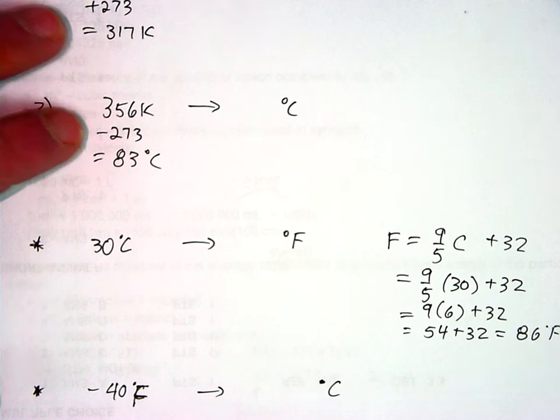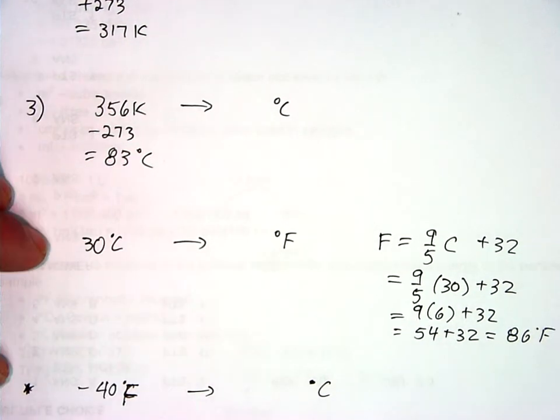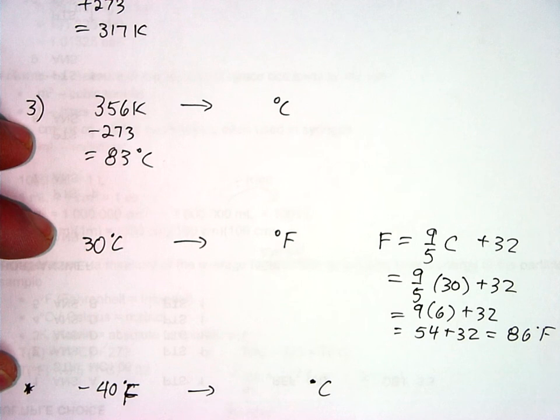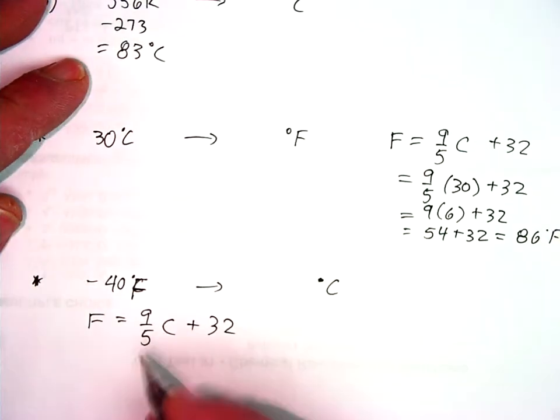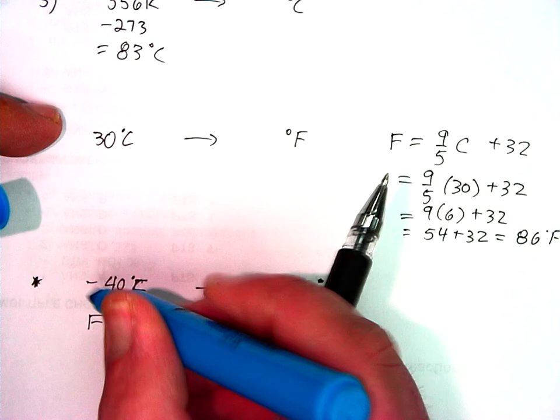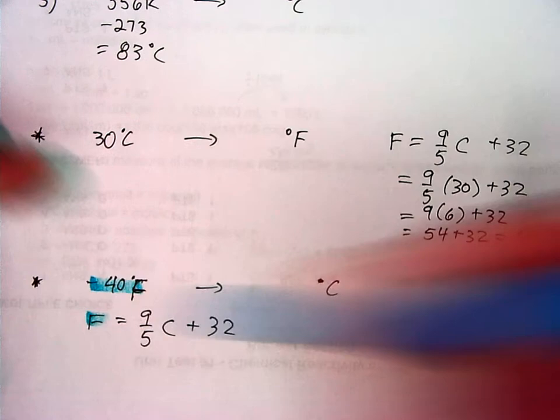This time what we have to do, we're going to use the formula, but we're going to have to rearrange it. We're going to have to do some rearranging and dividing to get this correctly. So Fahrenheit equals 9/5 Celsius plus 32. This time we're going to sub this Fahrenheit value in over here on the other side of the equation.